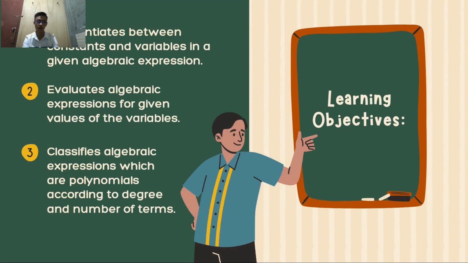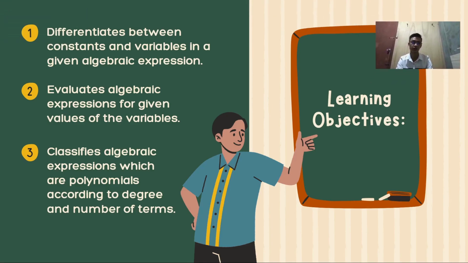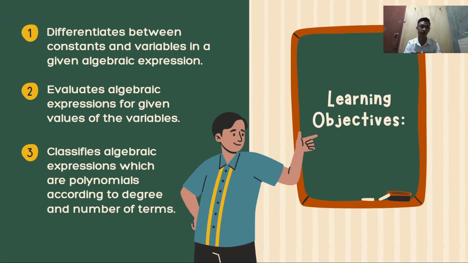So these are our learning objectives. Number one, the student should be able to differentiate between constants and variables in a given algebraic expression.